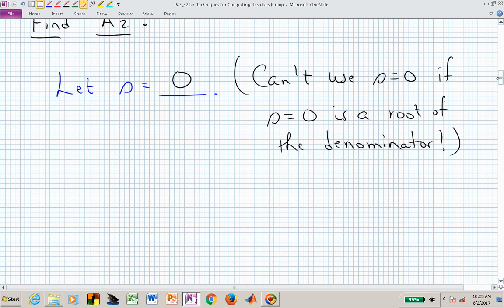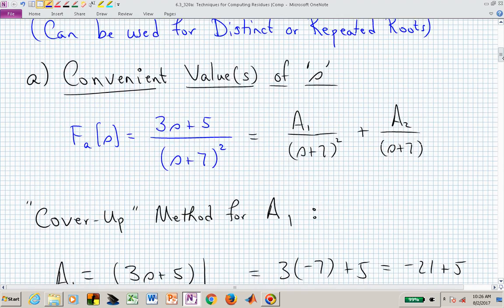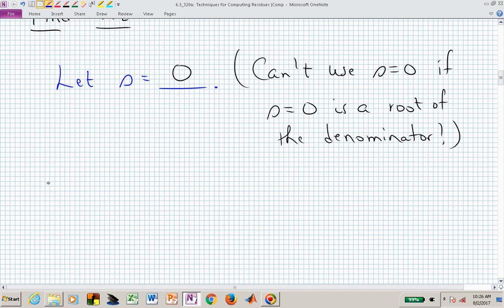So now let's find a sub 2 by substituting s equal to 0 into that partial fraction expansion expression. If we look at the numerator, we had 3s plus 5, so we now have 3 times 0 plus 5 all over s plus 7 squared, and that's equal to now minus 16.